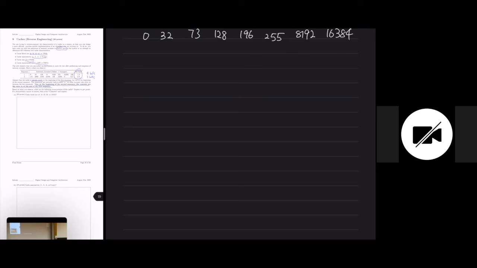We can immediately observe that no block size smaller than 64 is possible because they're at least 32 bytes apart.